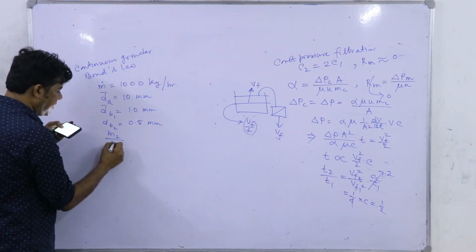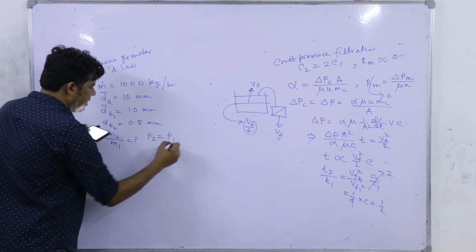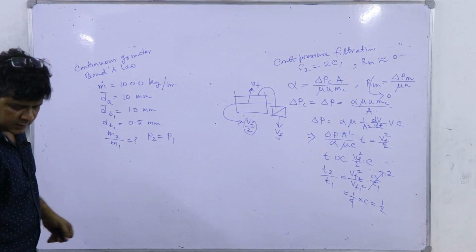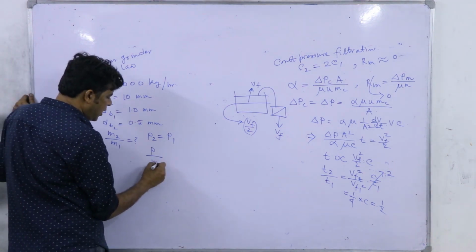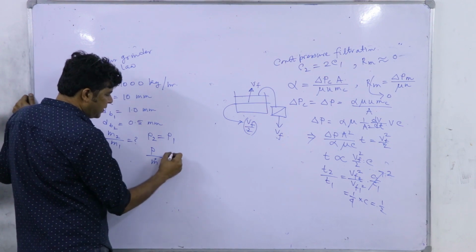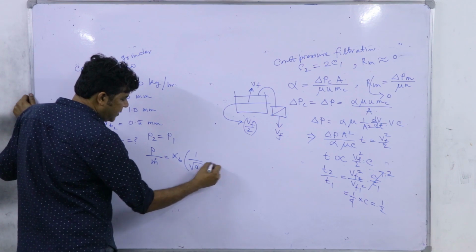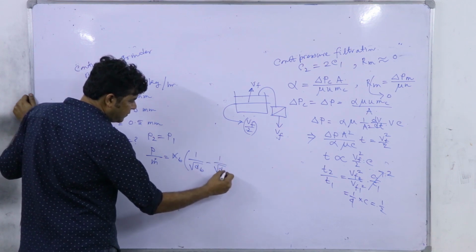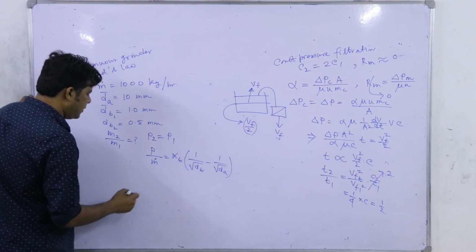So M2 by M1 we have to calculate, P2 and P1 are the same, right? So we know P by m dot is equal to KB times 1 by under root of dB minus 1 by under root of dA.